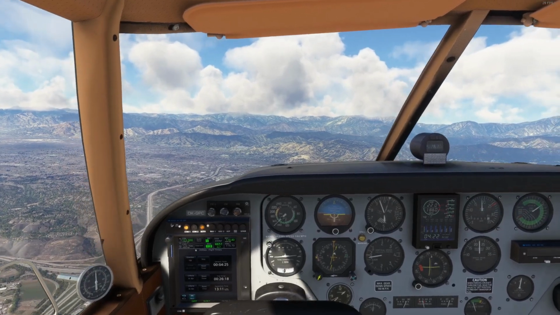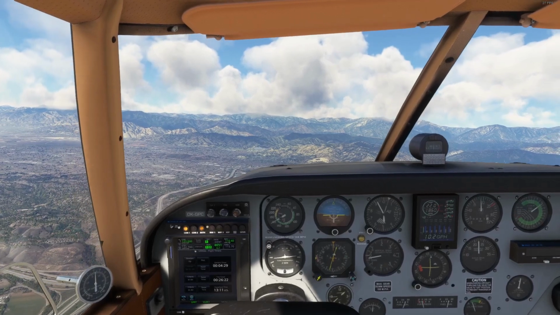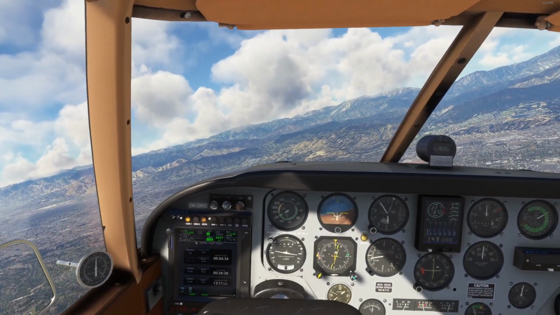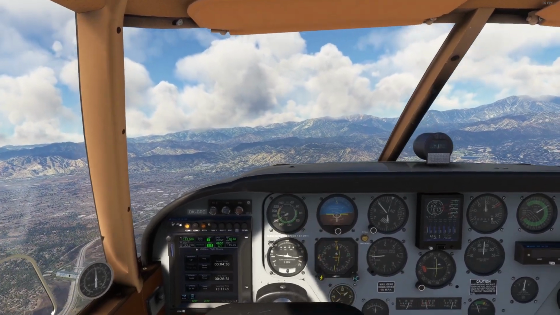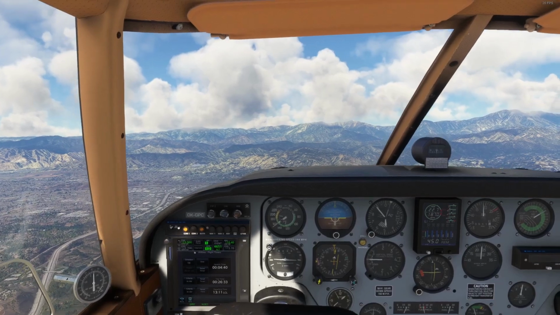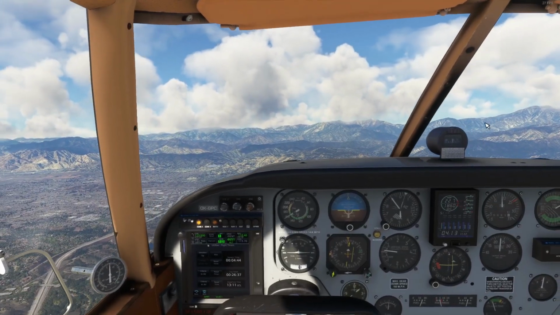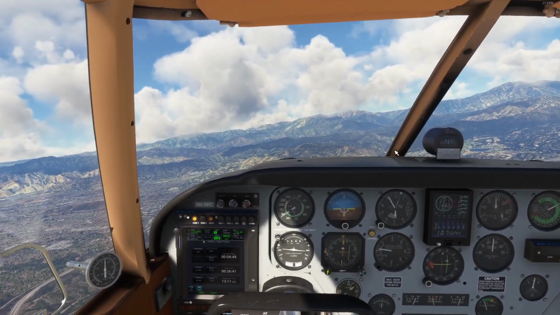As far as fuel goes, we still have a little bit more in the left, I think. Oh, we are there. Actually about 4 minutes and 46 seconds.